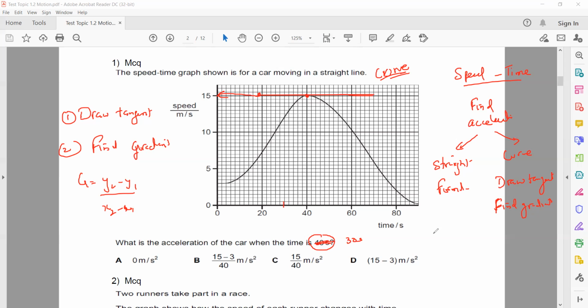So when working out the gradient, y2 minus y1 over x2 minus x1, because y2 and y1 have the same value, it is 15 minus 15 divided by the time interval, and 15 minus 15 is 0. 0 divided by anything is 0, so that's why the correct answer is A. Is it clear? Discussion 1. So the acceleration of the car when time is equal to 40 seconds is 0.